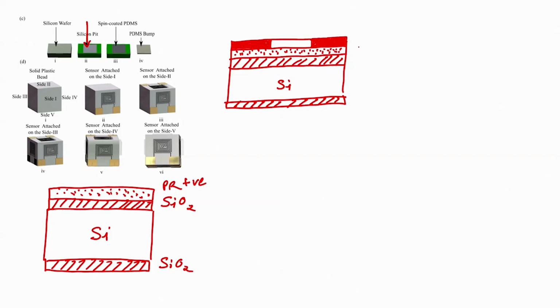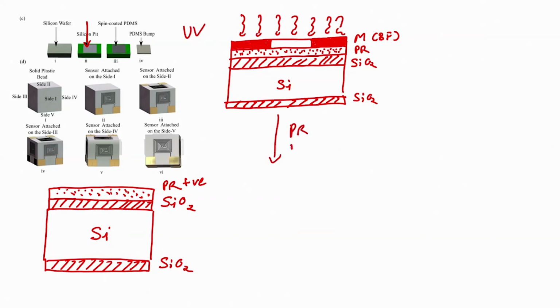So, now we know what the things are: SiO2 layer, then we have photoresist, and we have a mask, which is bright field. After that, the next step would be UV exposure. After UV exposure, there is the photoresist developing step.